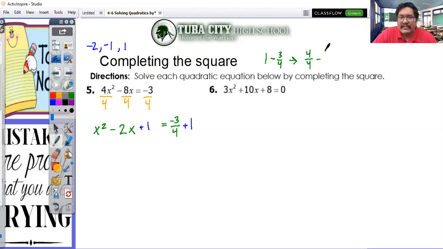In old-timey machines, they sometimes didn't give you back change and you had to pay the exact amount, so you often had to break your dollar into quarters. Any number divided by itself, in this case 4 divided by 4, is still equal to 1. So I broke it into 4/4 and now I'm going to minus 3/4, and that means I have 1/4 left. So I'm going to put that right here because I have 1/4 left.